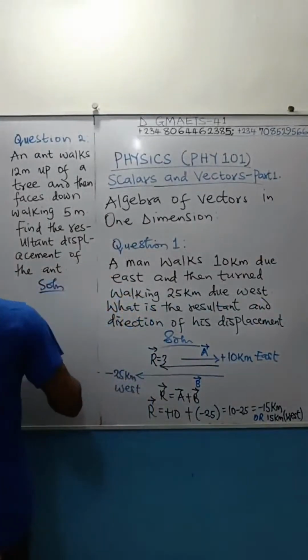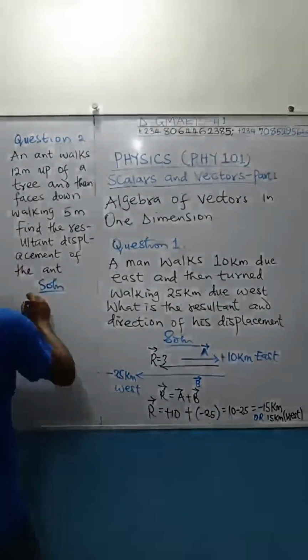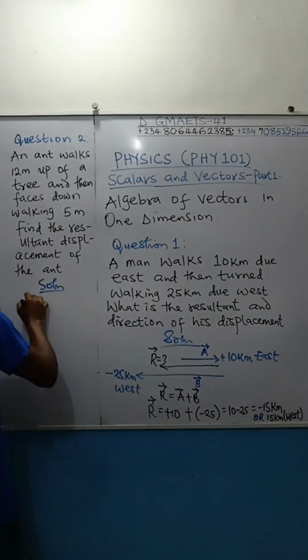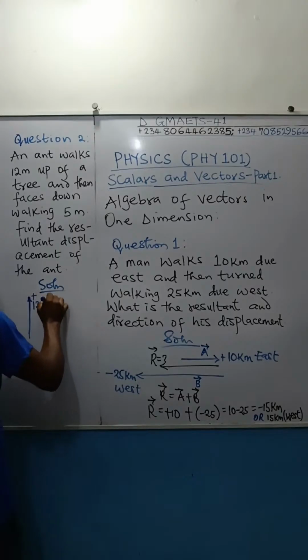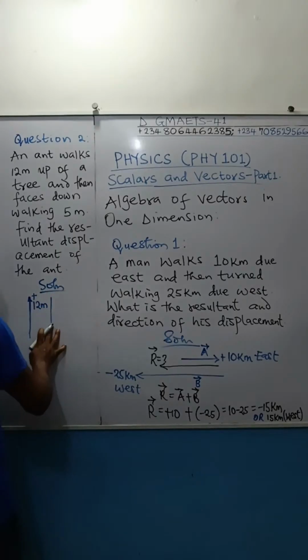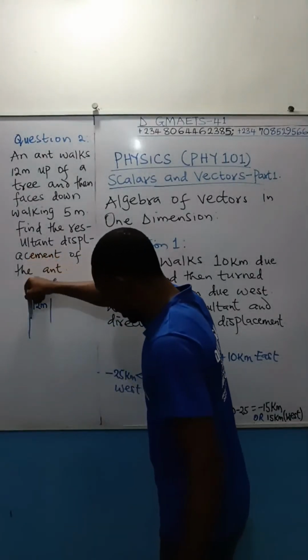So let us go. Should I draw the diagram? Is it necessary? Okay. This one is 12 meter up, which is north, positive. And then later, it walks down. From that point, it followed this same straight line down.